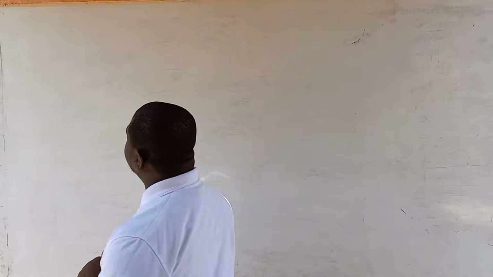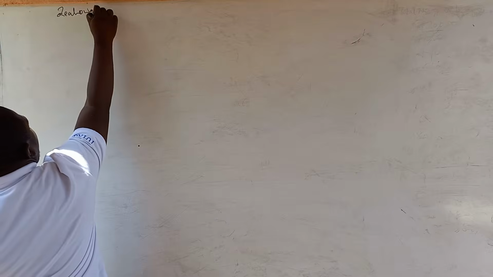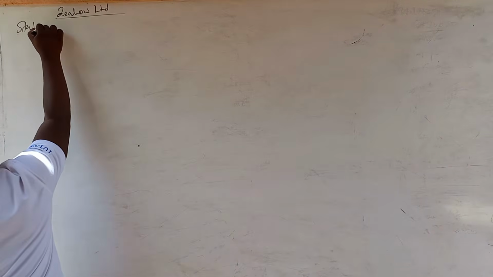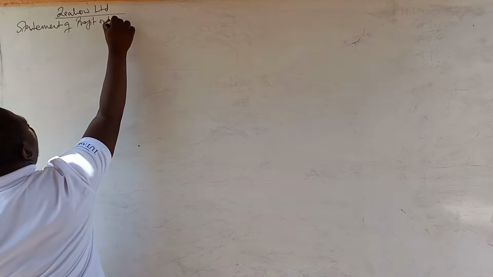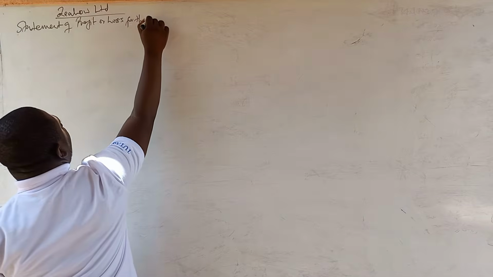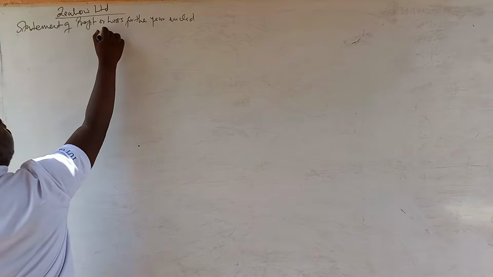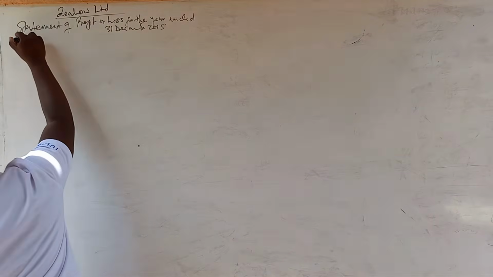We are told to prepare a statement of profit or loss for the year ended. So there is no other comprehensive income attached. So we are going to prepare a statement of profit or loss for Zillow Limited, statement of profit or loss for the year ended 31st December 2015.